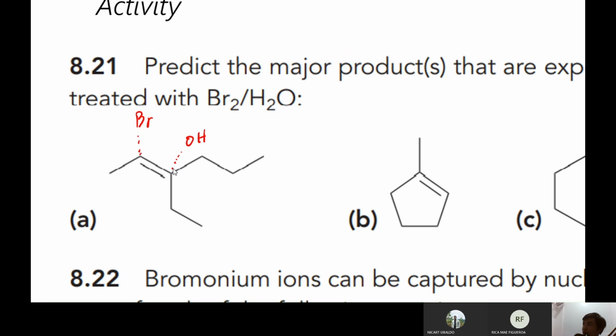Hindi, wala palang hydrogen dyan. This group, this group, this group, and that OH. Magkakaiba yan. Ito, CH2Br; ito, CH2CH3; ito, CH2CH2CH3. So, magkakaiba talaga yan. So, we have to show yung pagiging anti-addition niya.